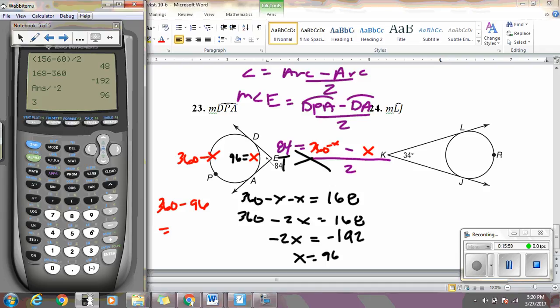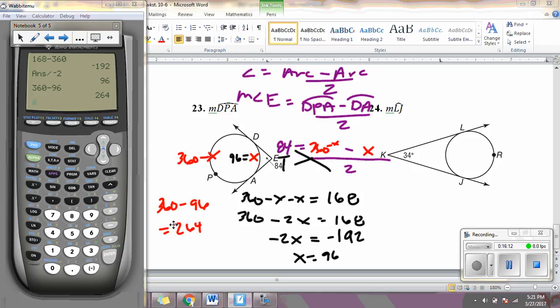So 360 minus 96 is 264. So 264 degrees is the measure of arc DPA.